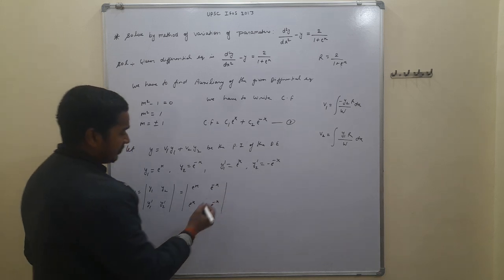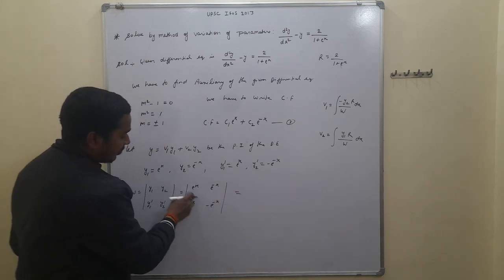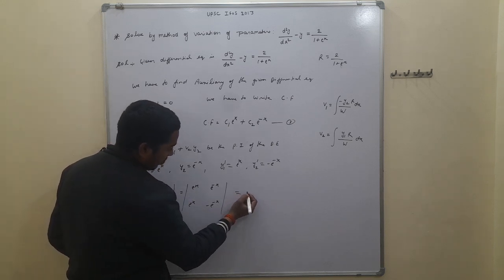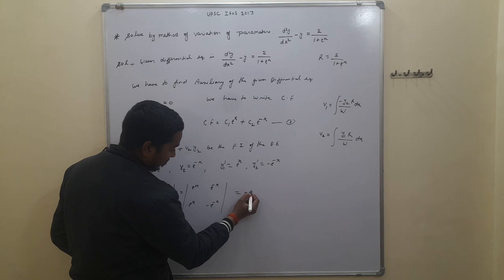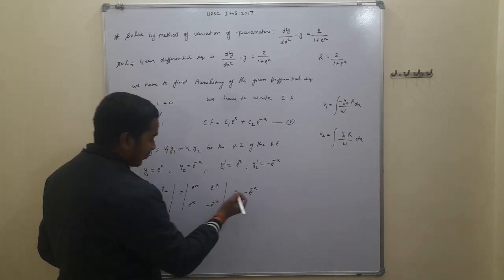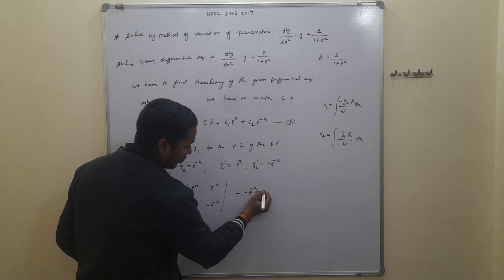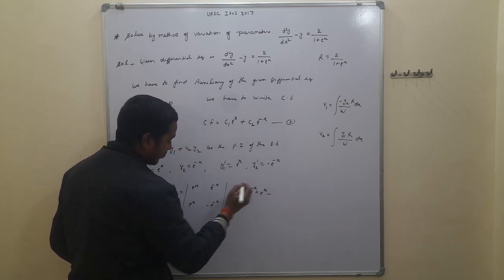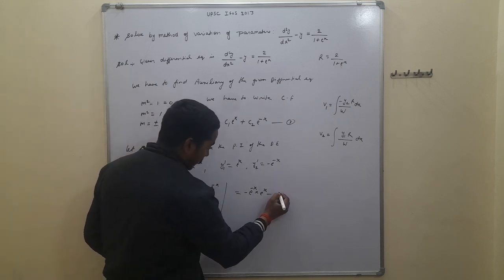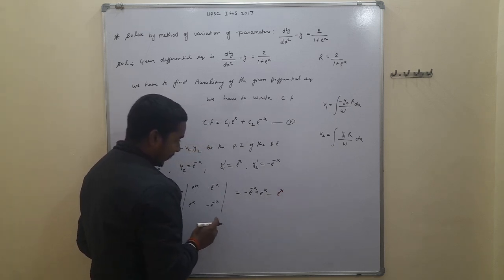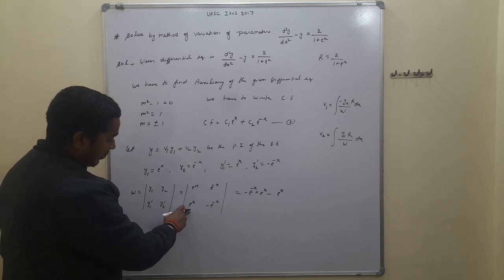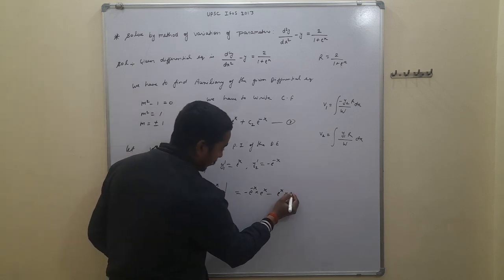We solve on cross multiplication with e to the power of x. This gives minus e to the power x into e to the power minus x, and then e to the power of x into e to the power of minus x.